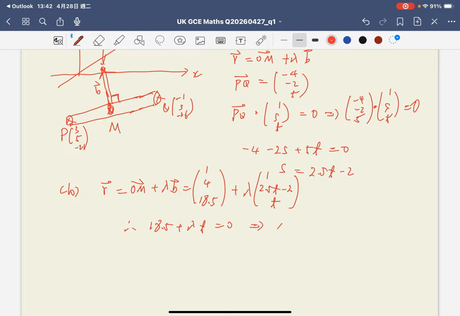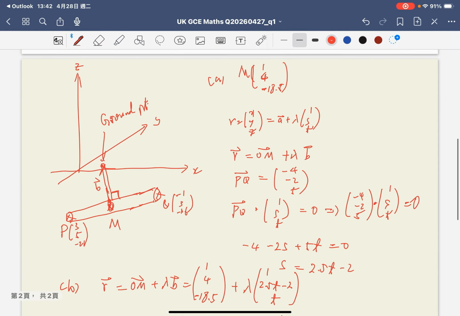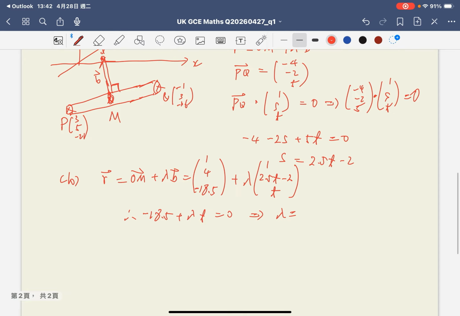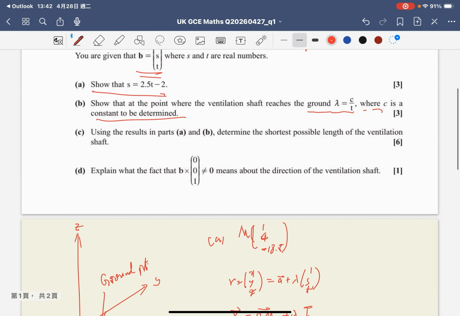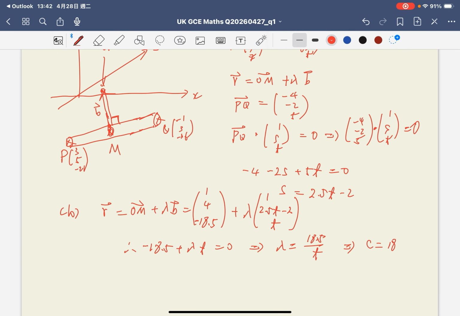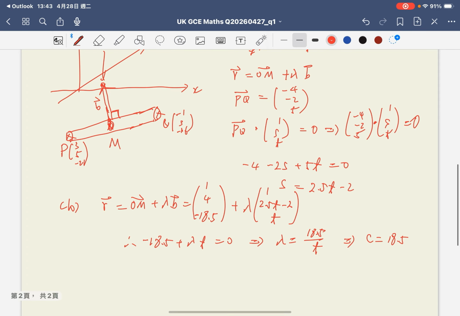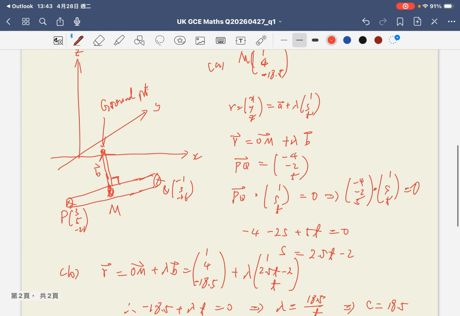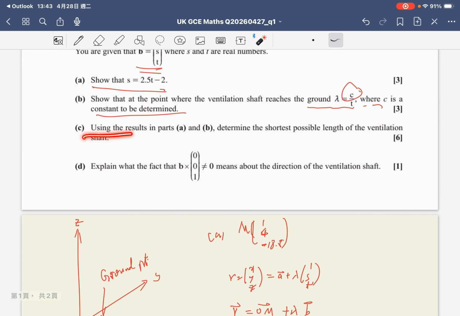Then lambda is equal to, oh, that is negative. Yes, negative, I made this mistake here. 18.5 over t. Therefore, the constant C is equal to 18.5.